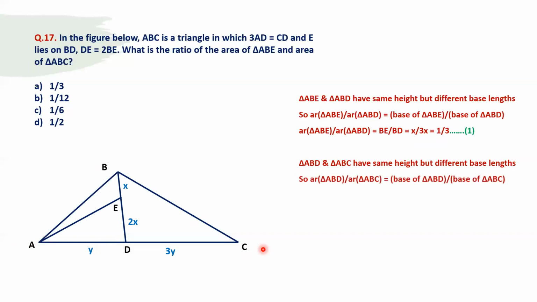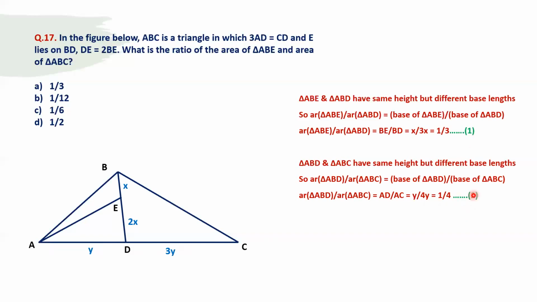So the ratio of area of these two triangles would be equal to the ratio of the bases of these two triangles. So area of triangle ABD divided by area of triangle ABC is equal to base of ABD upon base of ABC. So base of ABD is AD and base of bigger triangle ABC is AC. So AD by AC, AD is Y, AC is Y plus 3Y, which is 4Y. So it is equal to 1 by 4.